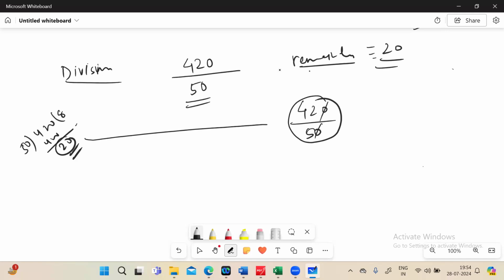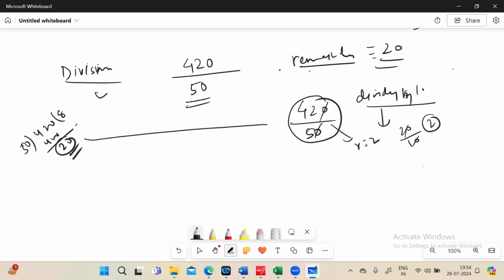Yes, by 10. So if I'm dividing by 10, the remainder also gets divided by 10. Here our remainder is 2, which is 20 divided by 10.